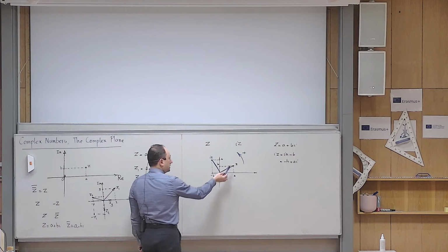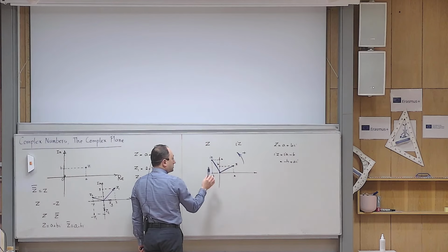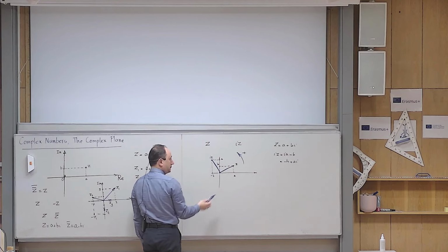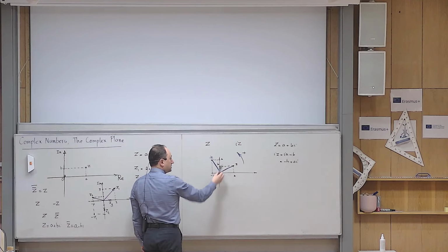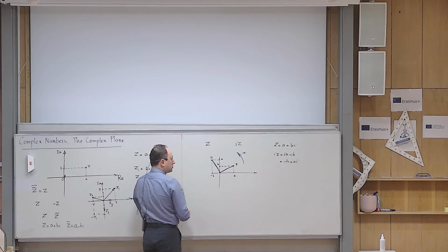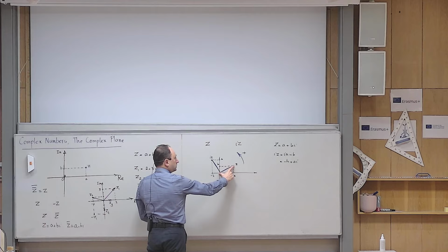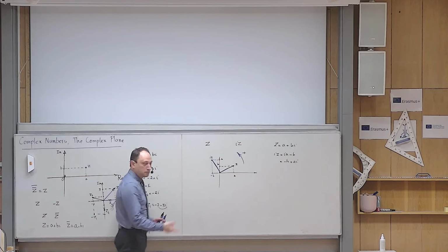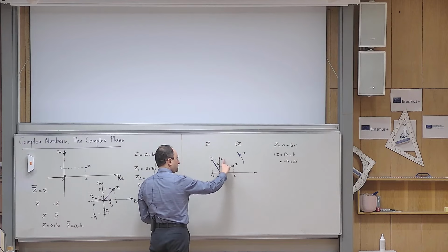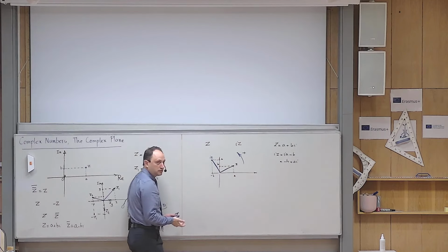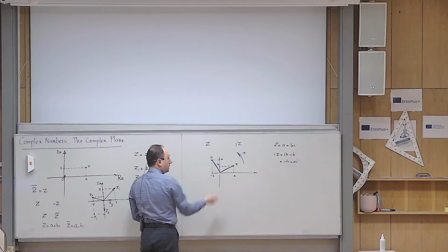Okay, so you see it was z, now it is iz, but I haven't proven yet this is indeed a rotation. To prove that this is indeed a rotation, I need to show that the length of this blue line and the length of this blue line are equal. Yes, because then it means that I have rotated this, yes? Is that right? So why are this length and that length equal?